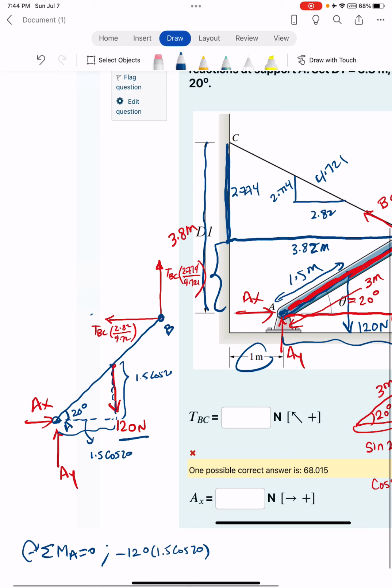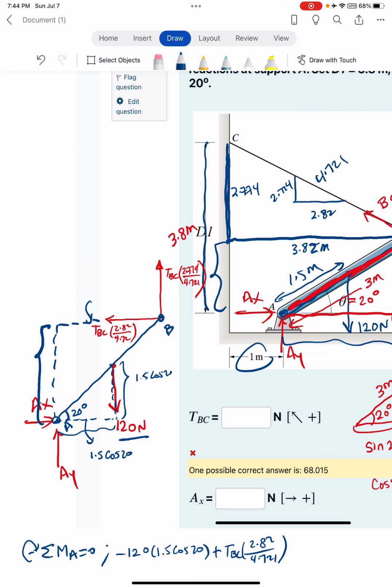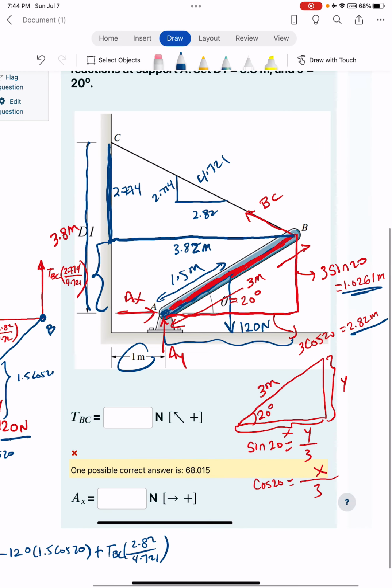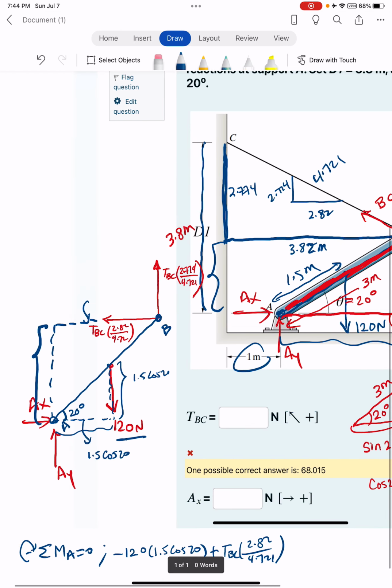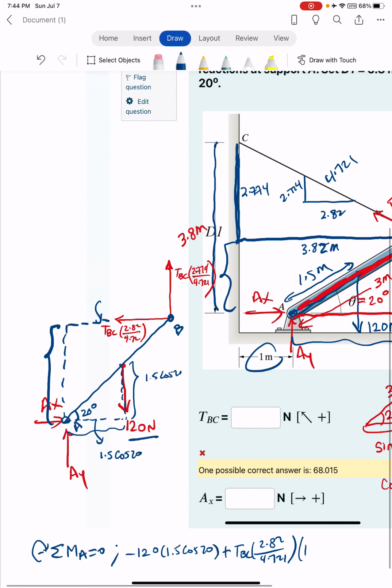This force will produce a positive moment, plus TBC 2.82 over 4.721 times the distance which is perpendicular if you just extend it like this, and that's going to be this one, 1.0261.